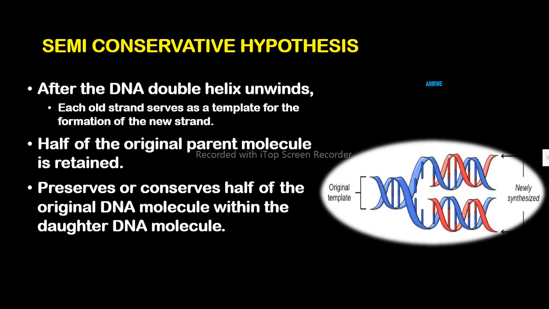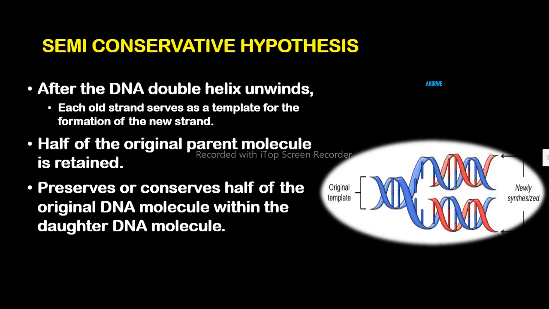In semi-conservative, it's half. Okay? Half conserved. But in conservative, it's fully, the whole of it, the new. So the old DNA is conserved. But in semi, there is half conservation.